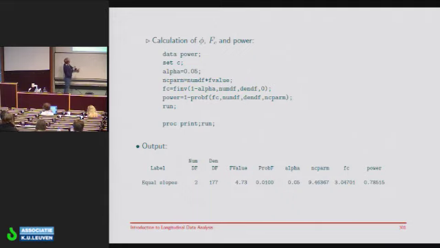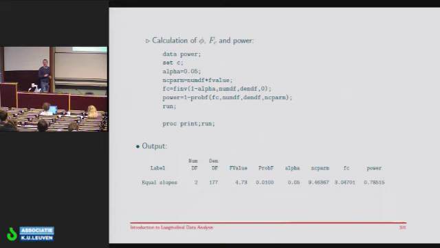And then with probability to the left, 1 minus alpha. So SAS wants you to specify the probability to the left. So if you want alpha to the right, you need to specify 1 minus alpha, which is the probability to the left. So what comes out is my critical value.